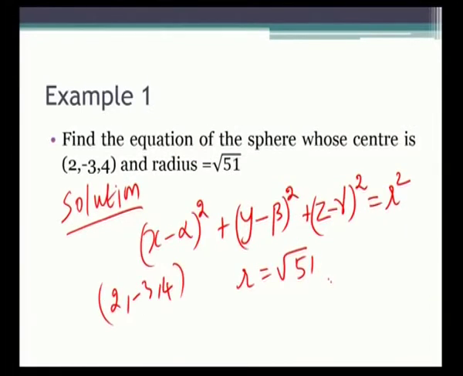In problem 1, we learnt how to find the equation of the sphere whose center and radius are given.